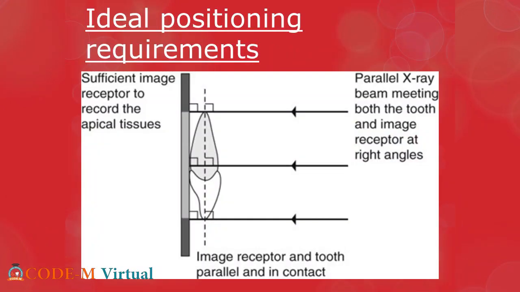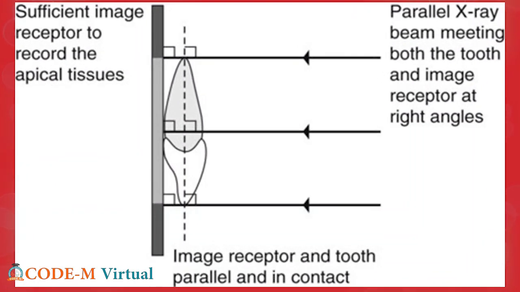The tooth under investigation and the image receptor should be in contact, or, if not feasible, as close together as possible. The tooth and the image receptor should be parallel to one another. The image receptor should be positioned with its long axis vertically for incisors and canines and horizontally for premolars and molars, with sufficient receptor beyond the apices to record the apical tissues.